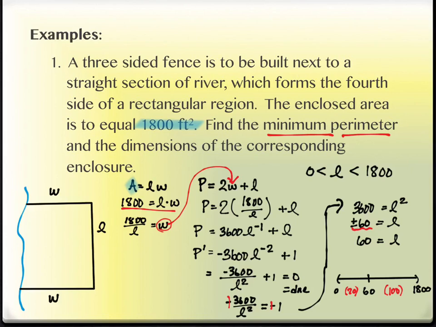So the version of the derivative that's probably the most conducive to doing that would probably be this one, although you could use the version before if you wish. So if I put in the number 20, I have negative 3,600 divided by 20 squared plus 1. Do I get a positive or do I get a negative? I get a negative. What about if I put in 100? Negative 3,600 divided by 100 squared plus 1.